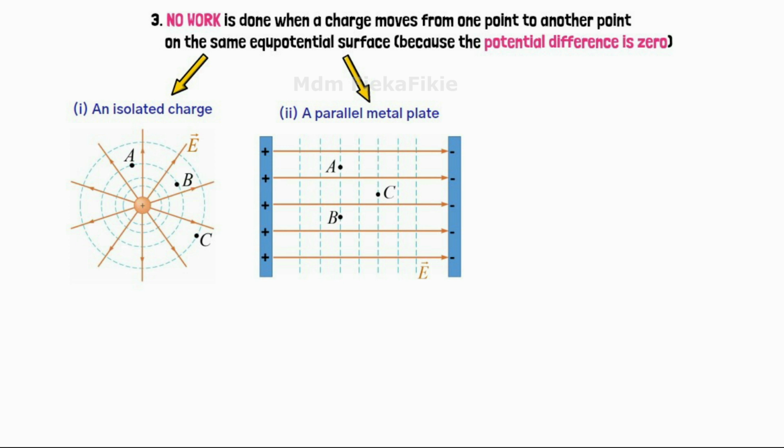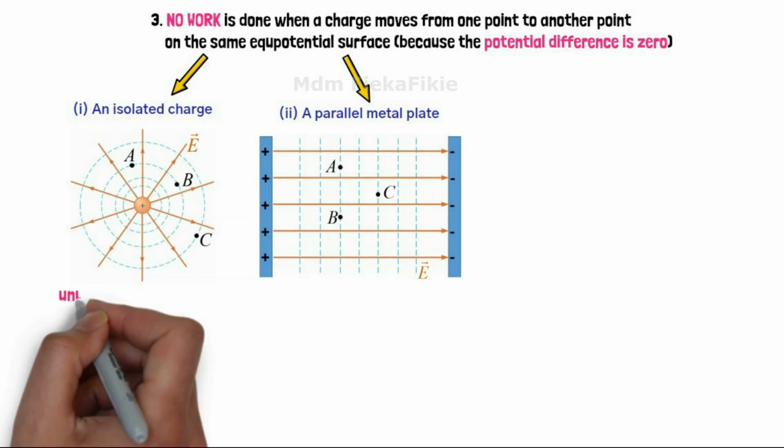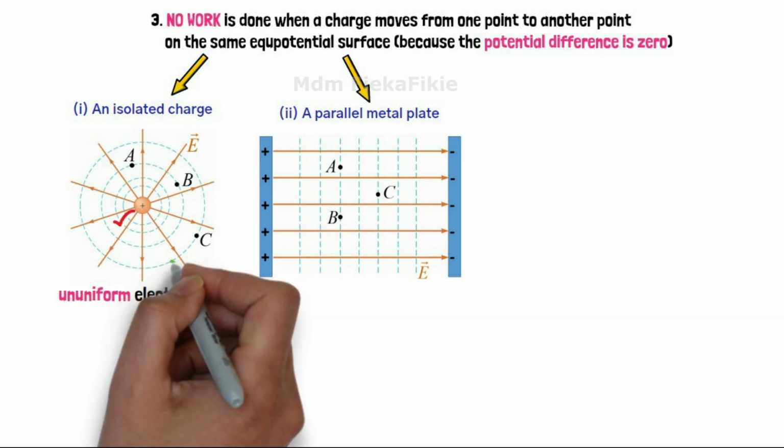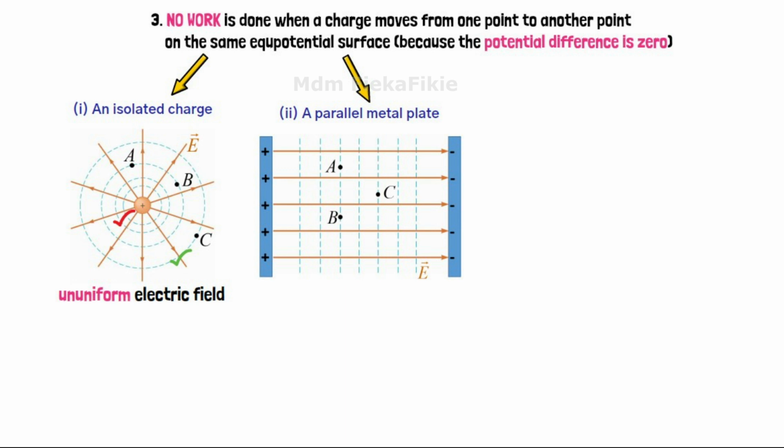Diagram yang pertama, an isolated charge, you can see here that the electric field is non-uniform electric field. Okay, so for isolated charge, you boleh lihat dekat sini pada kawasan ditanda warna merah itu, electric fieldnya sebenarnya lebih kuat berbanding dengan kawasan yang saya tandakan dengan warna hijau. Sebab itu dia adalah non-uniform electric field.